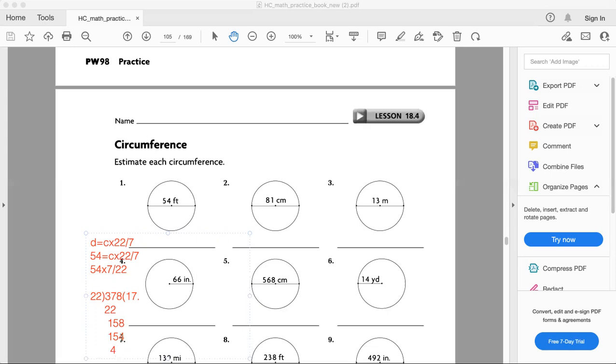Why 50? The remainder is 4. 7 into 22 is 154. 158 minus 154 is 4. So if you put point here, then how much will you put here beside 4?